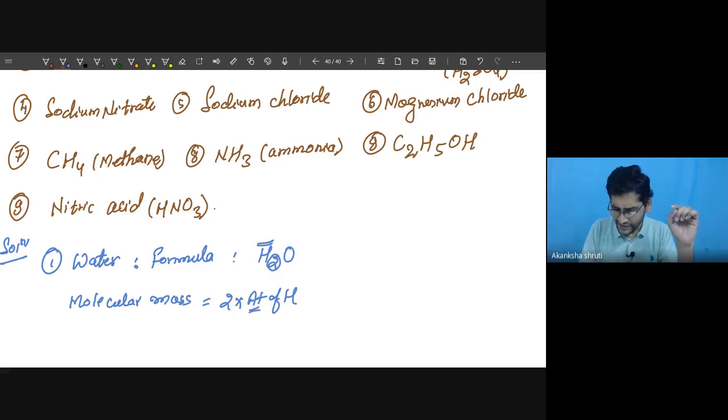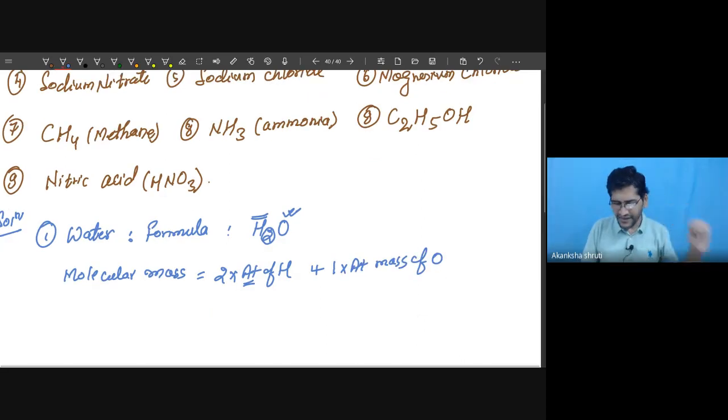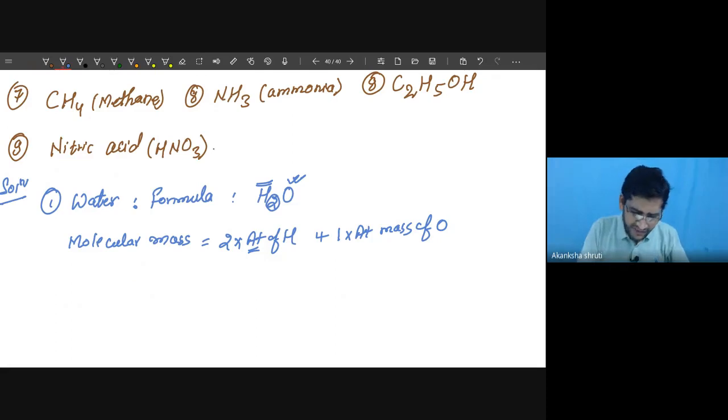Then we add how many oxygen atoms? 1 oxygen atom into the atomic mass of oxygen. So keep in mind, we consider the atomic mass of each, and that atomic mass has to be multiplied by the number of that atom.